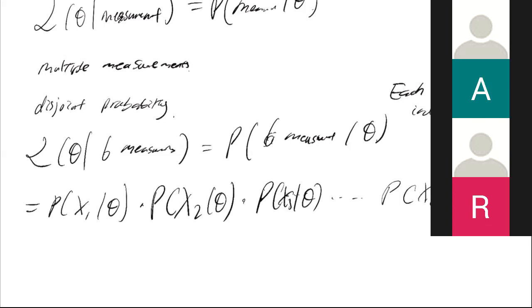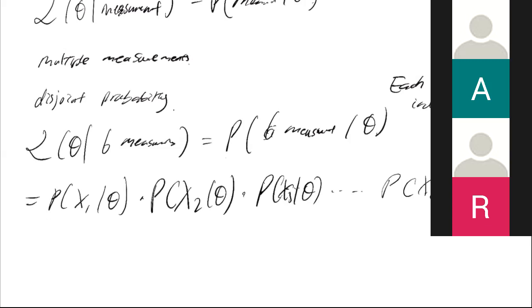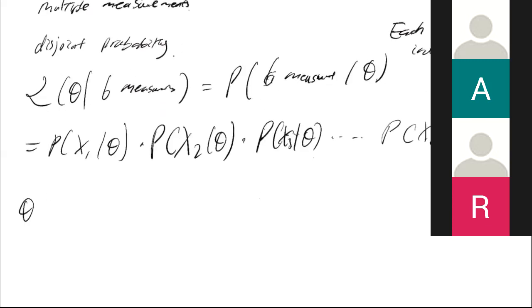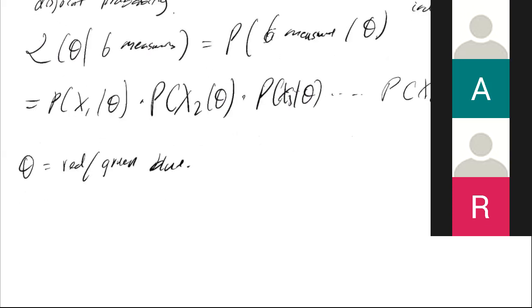And then we look back at theta. Theta can be either a red die or a green die or a blue die with corresponding values on it. We first look at, for example, theta being a red die, given the result that the measurement is 1, 2, 1, 3, 1, 3.